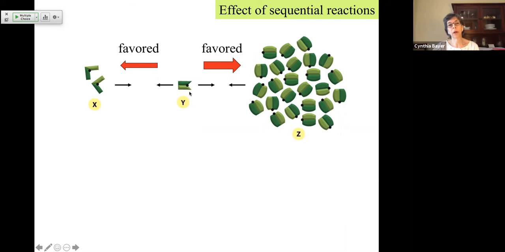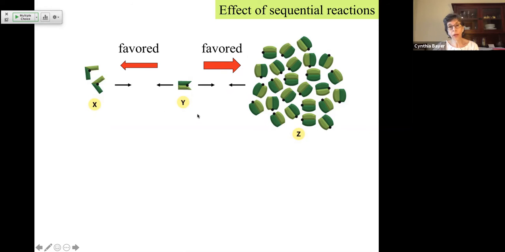So for example, Y to X would have a negative delta G, but Y to Z has a negative delta G, but it would be a bigger difference, a bigger change in free energy. So we have this larger arrow indicating that Y to Z is greatly favored. That's more favored than Y to X is.